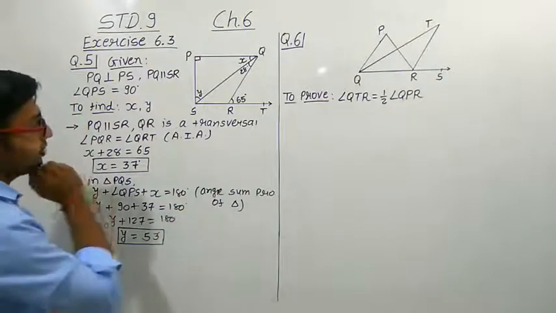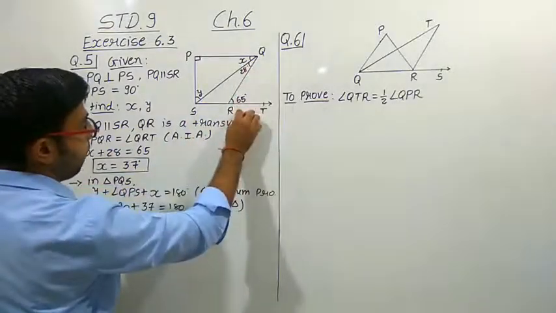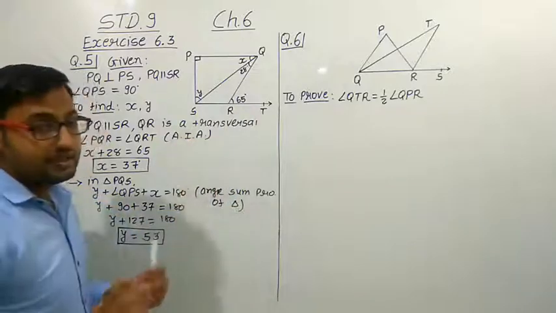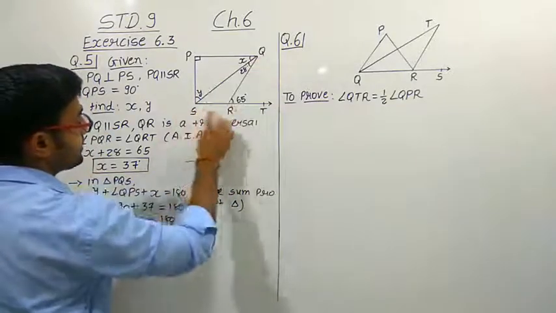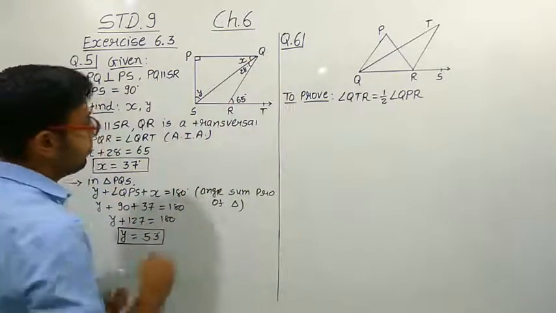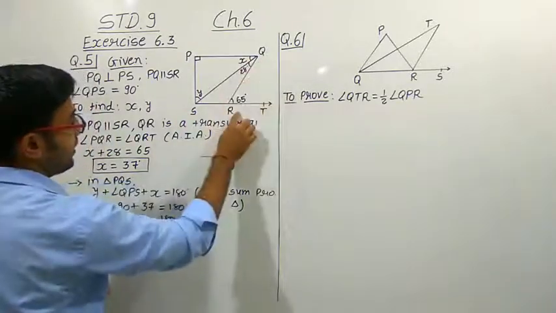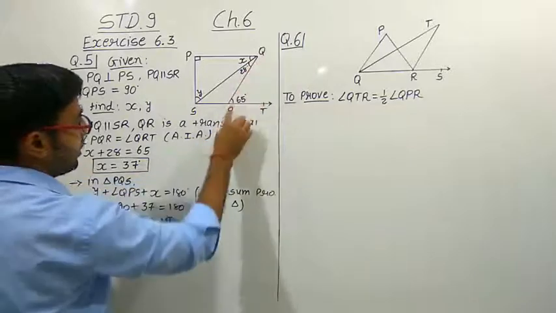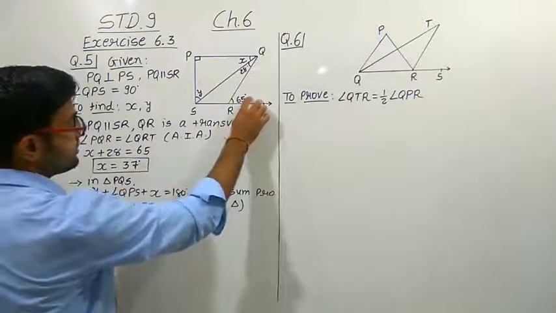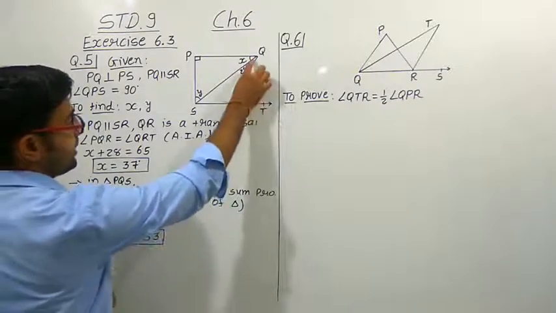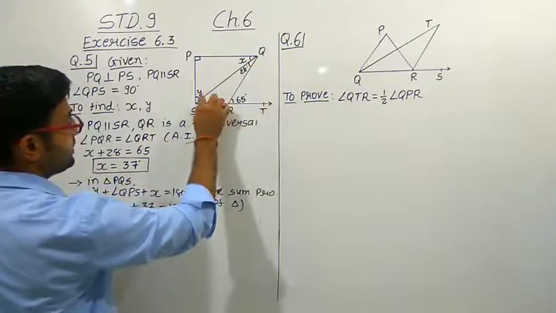Okay, here you can notice that this angle QRT is an exterior angle of triangle QSR. So if QSR is a triangle and QRT is the exterior angle, then we can use this angle 65 as the addition of this 28 degrees and this angle.